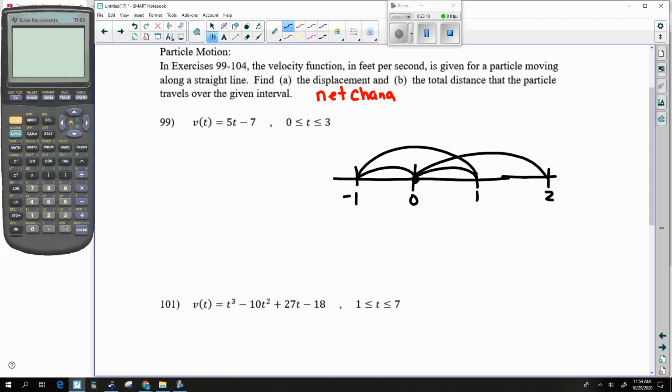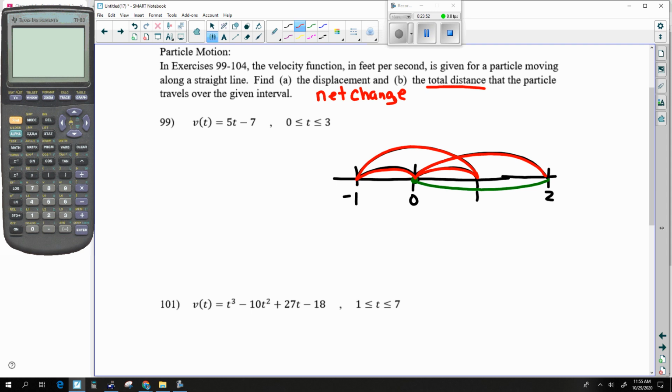What is my net change? My net change would be 2 miles. What would my total distance be? My total distance would be 1, 3, 4, 6. My total distance would be 6. So there's a difference between net change, that means the displacement, and total distance.